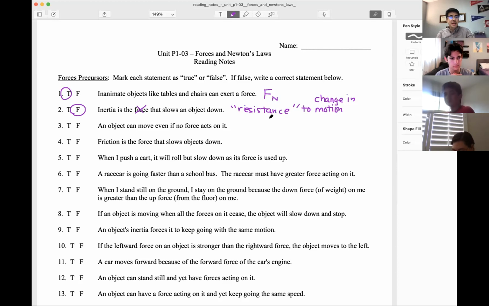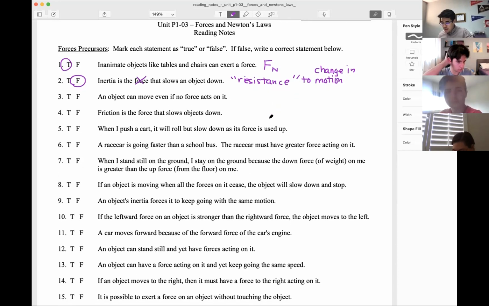3, an object can move even if no force acts on it. False?